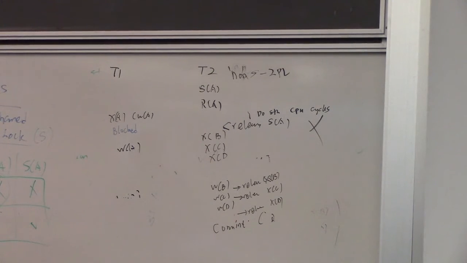So does that mean that you can only release it once, or you can release multiple locks? The point is, after the release of the very first lock, you can no longer acquire any new locks. There is no restriction on how many locks you can release before you commit. But once you start releasing locks, even just one, you are no longer allowed to acquire any new locks.